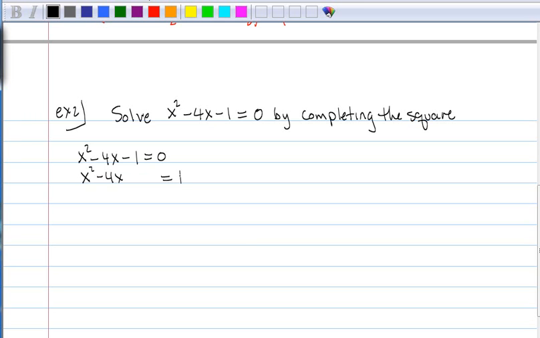I'm going to put a space. I want to complete the square, and I don't want to change the equation, so whatever I add on the left, I add on the right. Now we're going to find our magic number. What's our magic number?